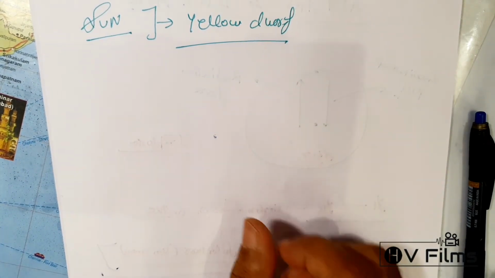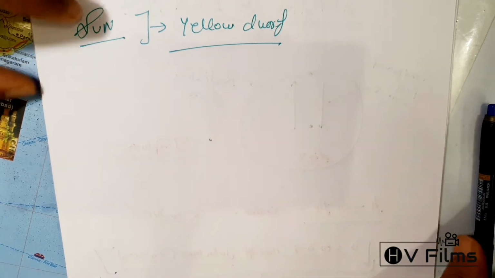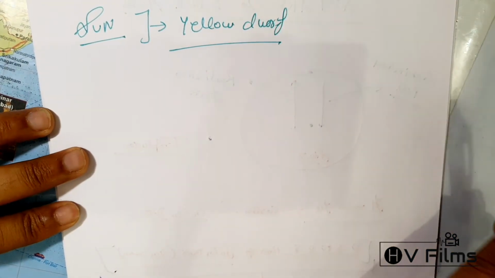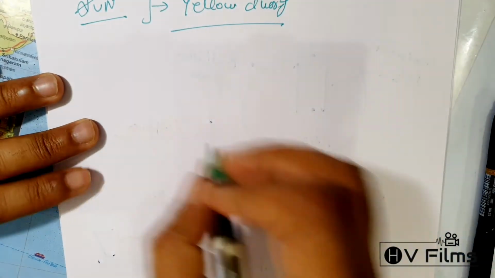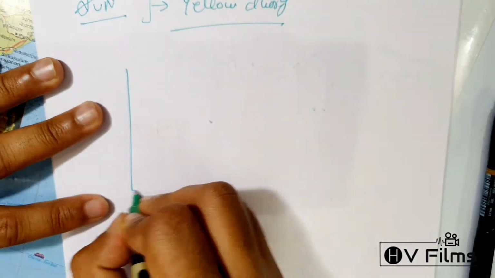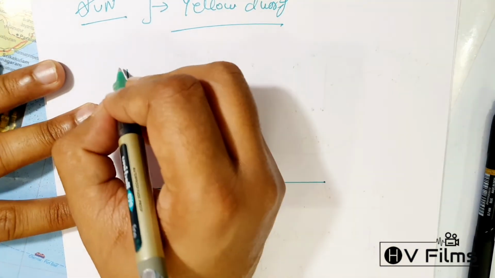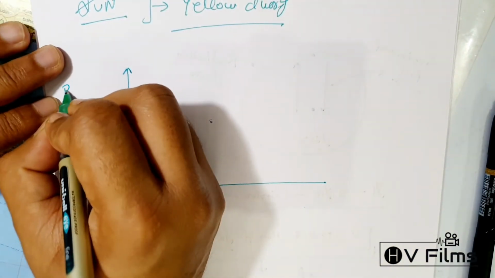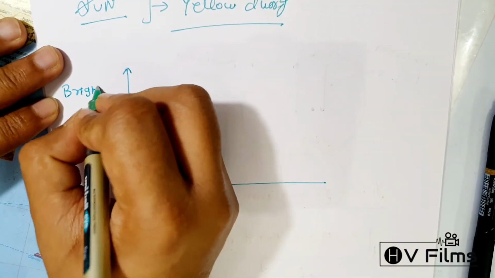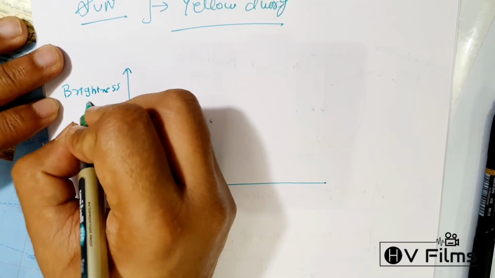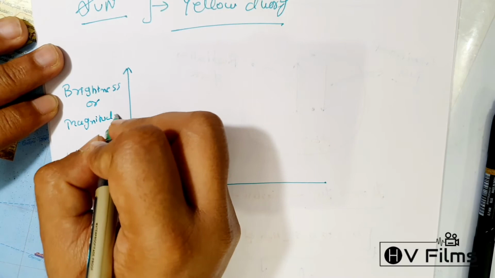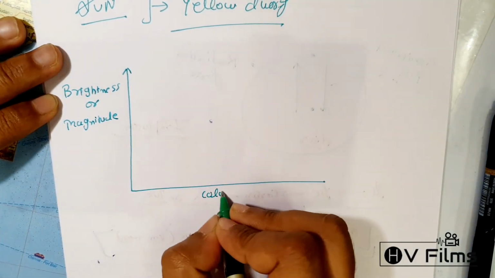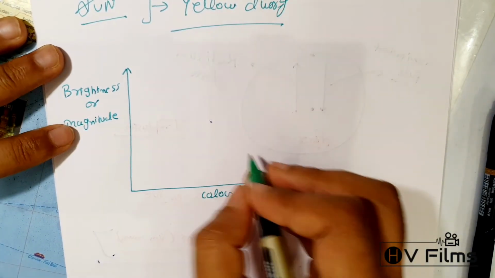There is also one more graph which has been provided, which we call the Hertzsprung-Russell graph. It appears like this: if this is the brightness, or we can say the magnitude, and this is color.